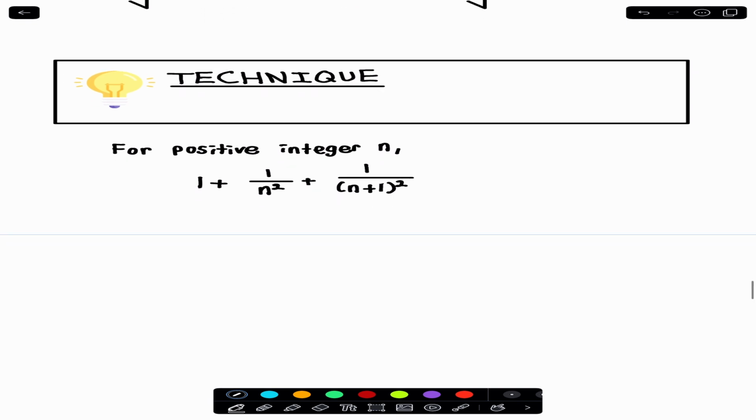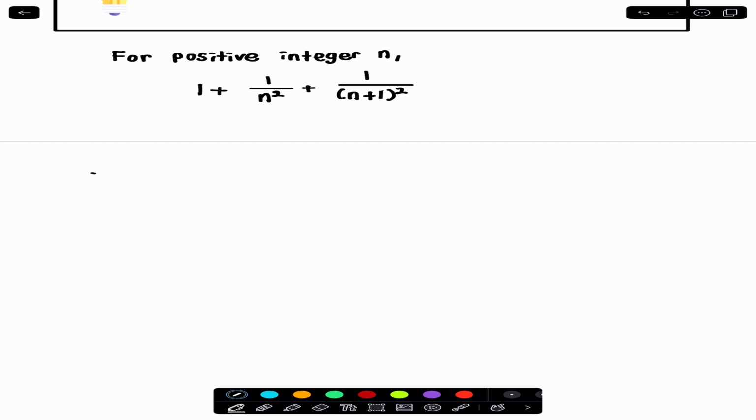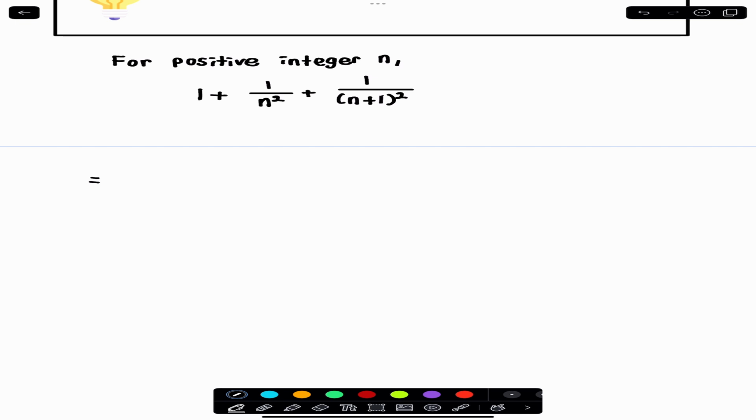The easiest way to do that would probably be to just combine everything into one fraction. So if we put everything over a common denominator, it would be this. Just multiply those two together.